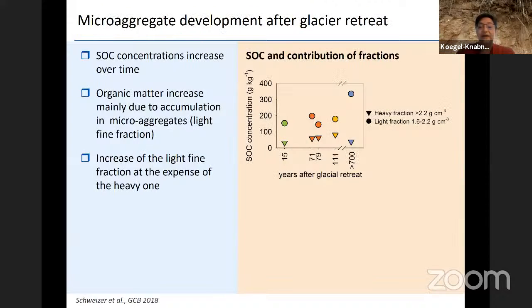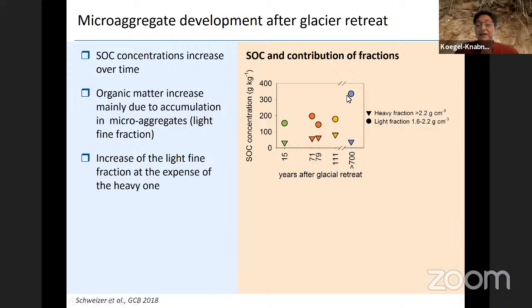If we then look at the data, we generally see that in these soils, organic carbon concentrations increase over time. They increase mainly due to accumulation in microaggregates.